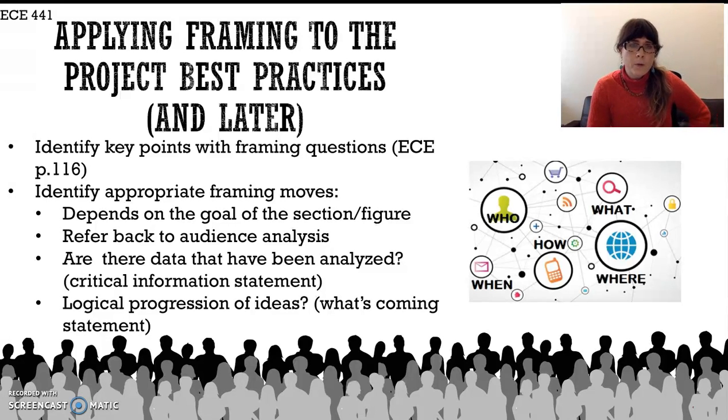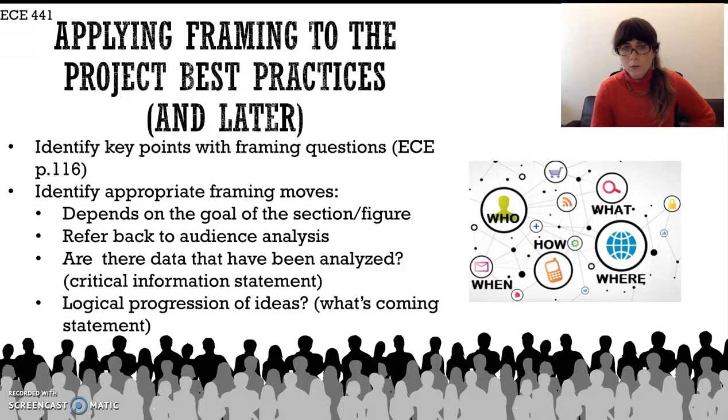Okay, identify appropriate framing moves. The amount of framing that you include really depends on the goal of each particular section in relationship with the larger document. Refer back to that audience analysis to make sure that you are framing things in an appropriate way for your specific audience. You can also ask the question, are there data that have been analyzed in this section?